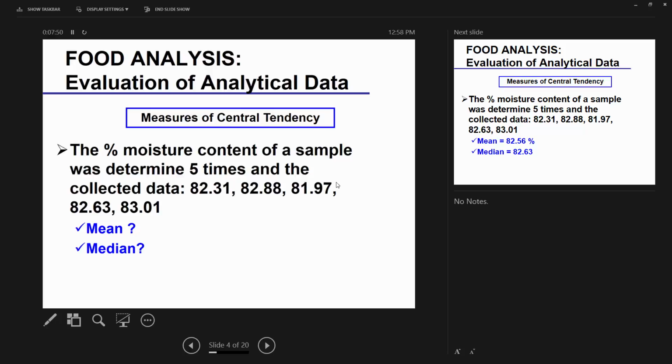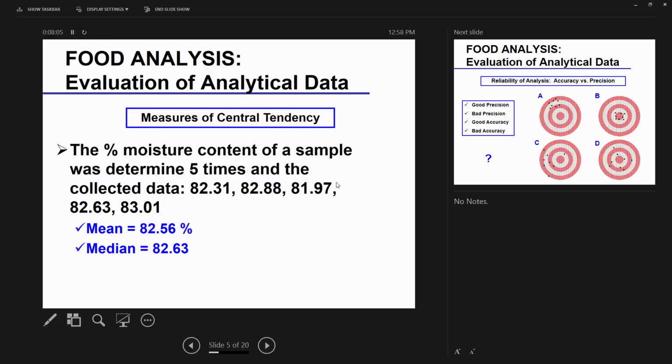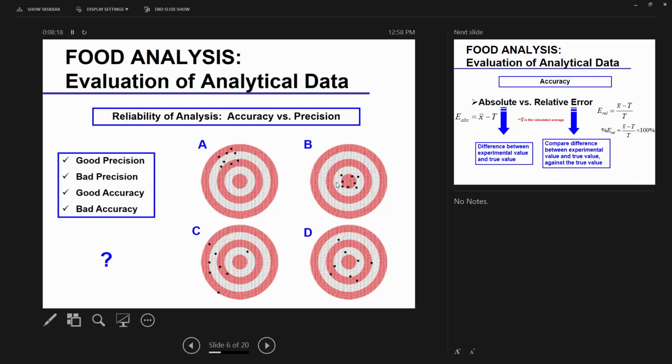When you have a value, let me know. Yes, Michelle? For the mean, it's 82.56. Yeah, and the median, you had that next time. Okay, so that's easy. You all know how to determine the mean, and the median is the midpoint.